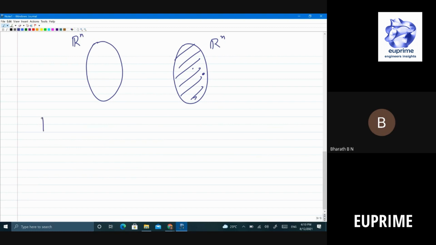So for any y in Rn, there exists an x in Rn such that Ax equals y, right? Is that fine?